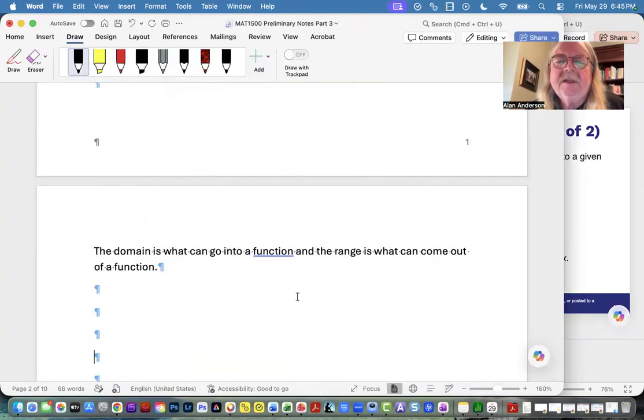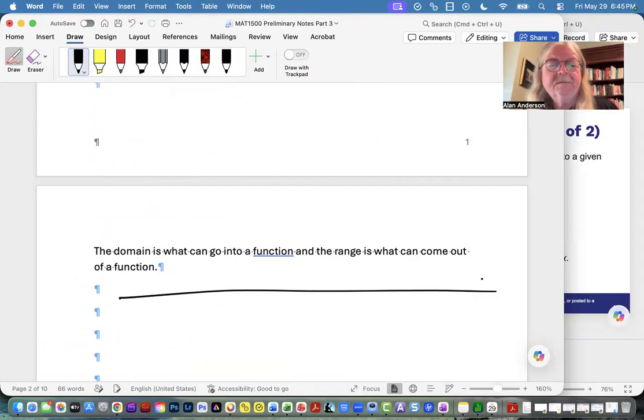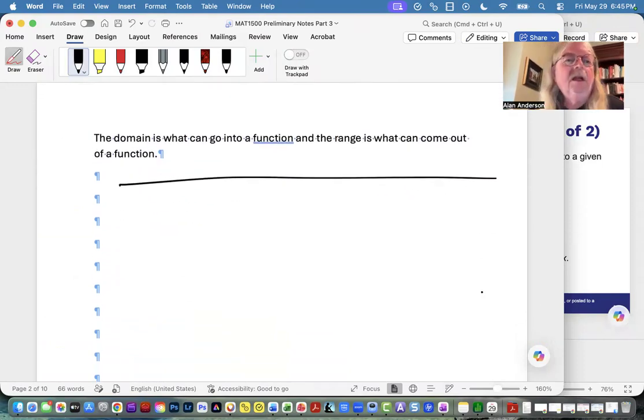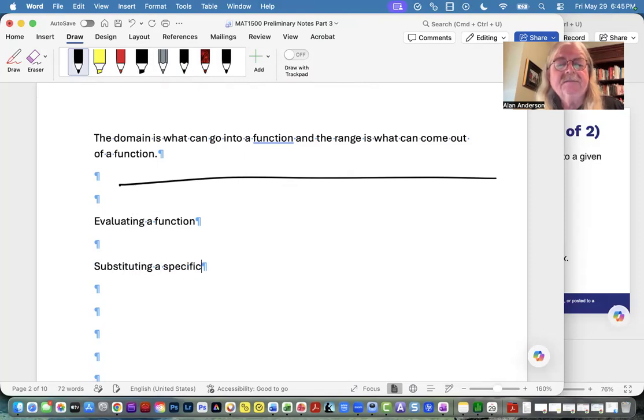Evaluating a function. We actually did this already, but let's just go through this again. What does it mean to evaluate a function? Well, really, all you're doing is finding a specific value for y. It means substituting a specific value for x.